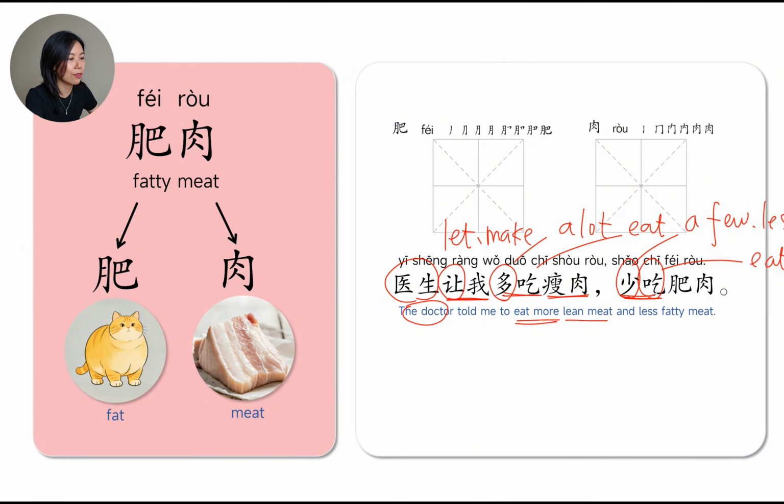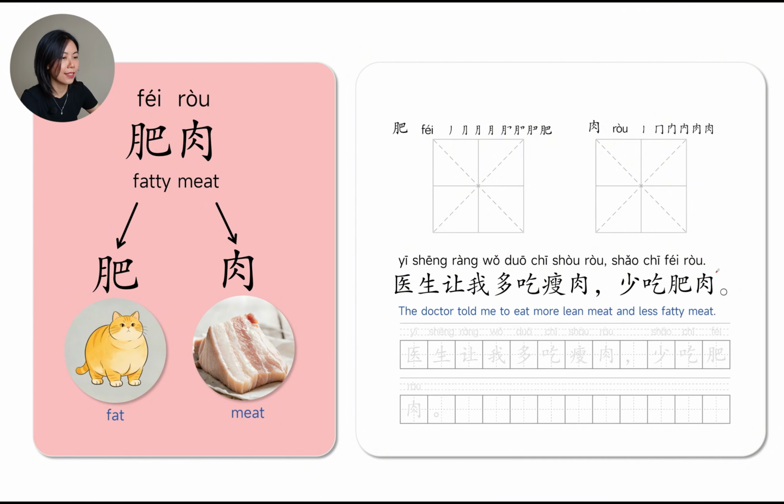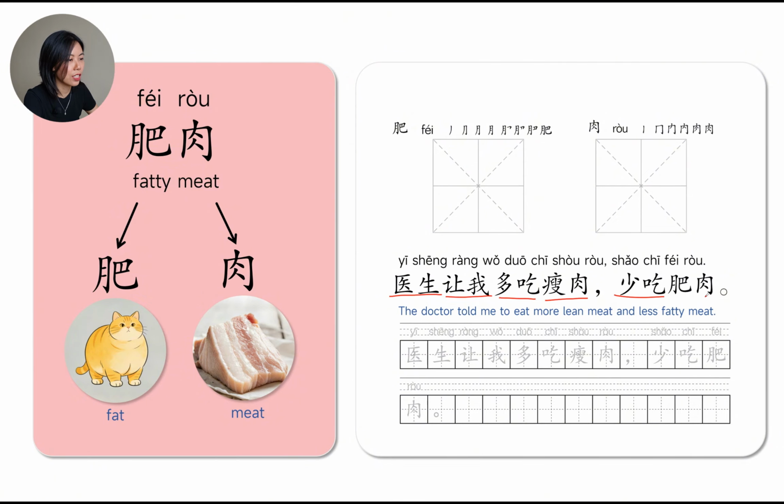So 少吃 eat less. 肥肉 fatty meat. Okay, so the whole sentence: 医生让我多吃瘦肉少吃肥肉。The doctor made me eat more lean meat.